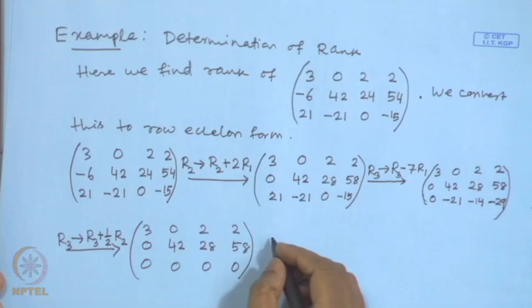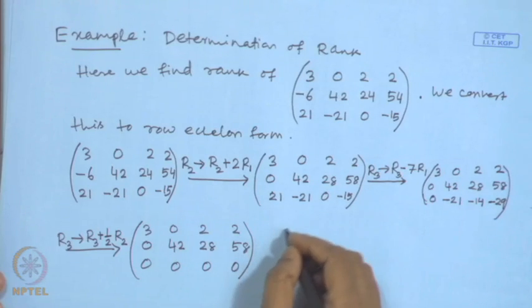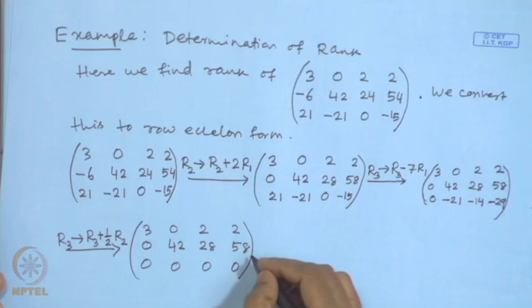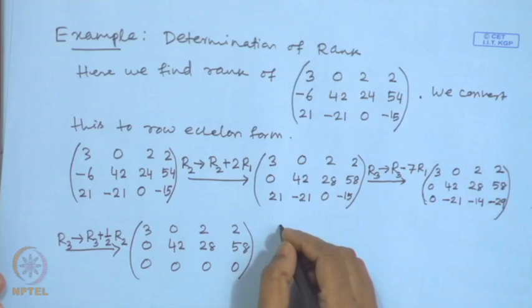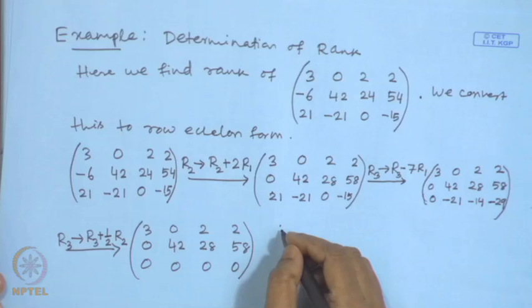So, the last matrix is in echelon form, and the number of non-zero rows here is equal to 2. So, the rank of the given matrix is therefore 2.